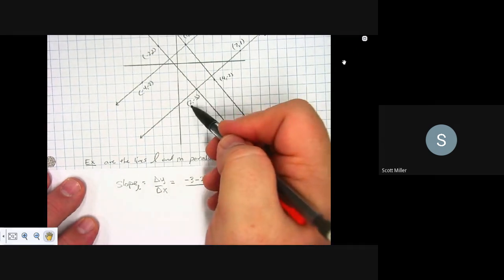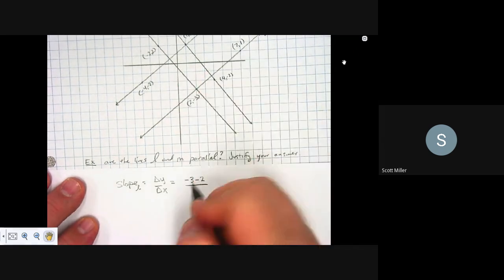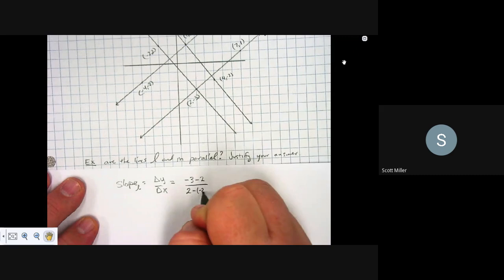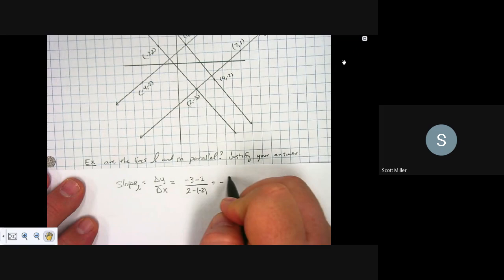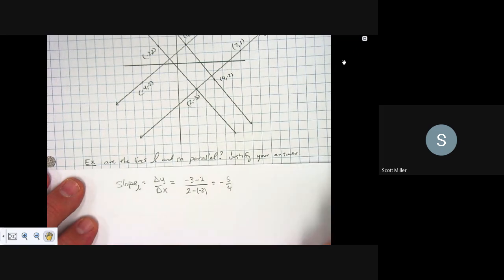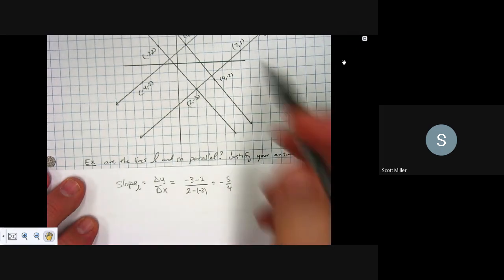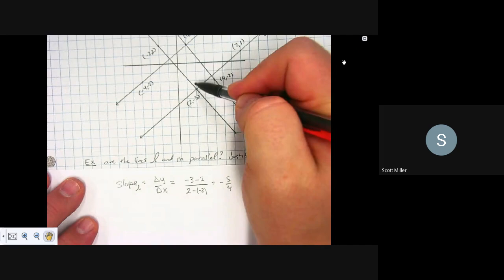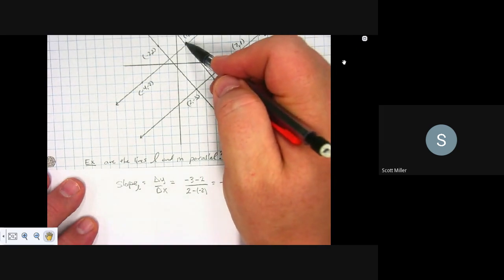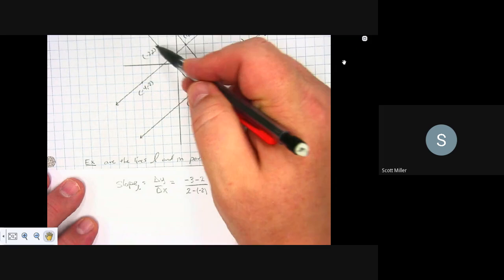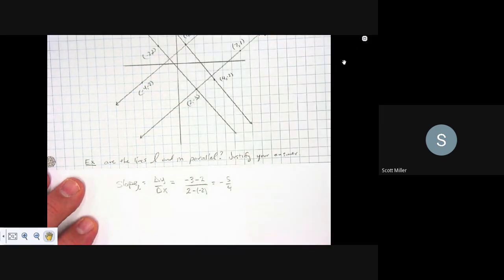Since I started here, and the 2 minus the -2. So then I can work this out, and I'm going to get -5/4. You can also do rise over run. 1, 2, 3, 4, 5, up, and 1, 2, 3, 4, backwards, -5/4.